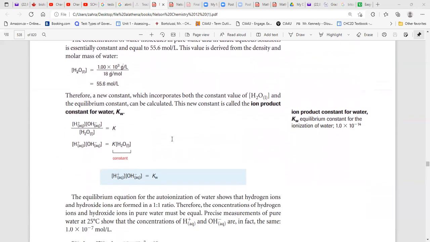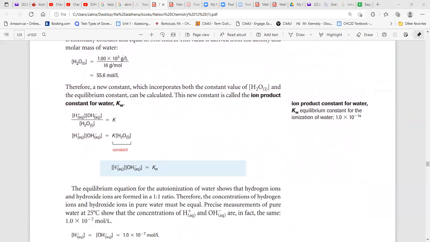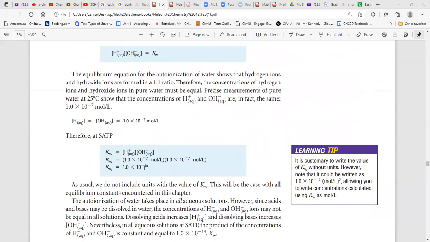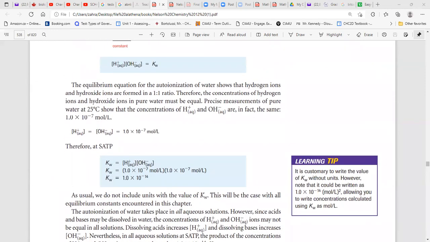When you're talking about the K of the water, the concentration of H multiplied by OH is always equal to 10 power negative 14. KW is the concentration of hydrogen multiplied by the concentration of hydroxide, and KW is always 10 to the power negative 14. If your solution is neutral, the concentrations of H and OH are the same, and each is 10 power negative 7.